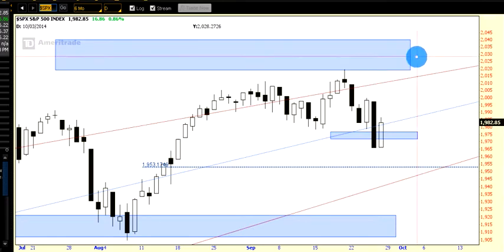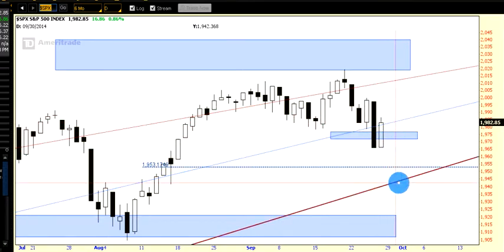You could still get up into this 2030, 2035 area pretty easily, I think. But if we close below this, look for the wedge to break, and then it's decision time. So you guys be thinking about that. If the wedge breaks, what are you going to do? Do you do anything? Maybe you do nothing, and you just wait for confirmation.